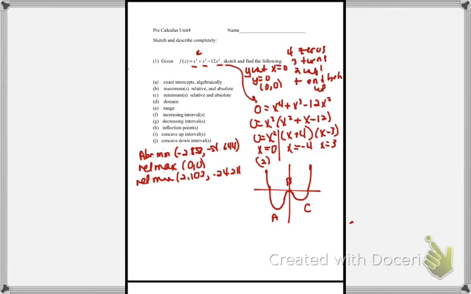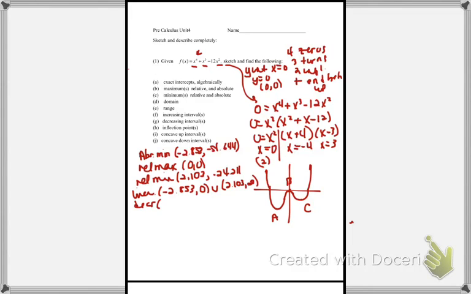Now, we can do our increasing and our decreasing from here. Our increasing values are going from negative 2.853 to 0. We're increasing from A to B, and from C to infinity, 2.103 to infinity.